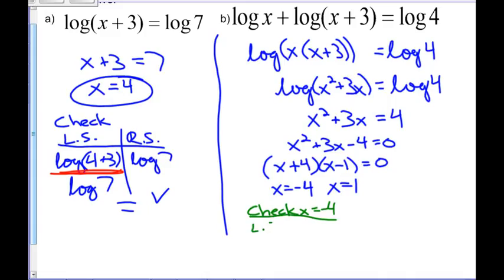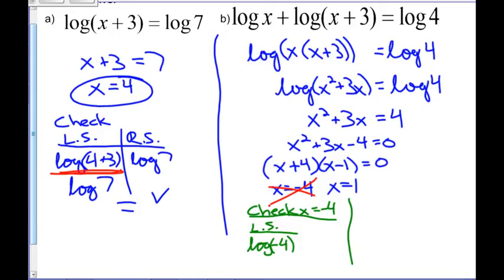The left side would start off like this. Log of negative 4. You don't need to go any further in your check. Log of negative 4? That's illegal. You can't do that. Negative 4 is not a solution, which does not guarantee that 1 is a solution.